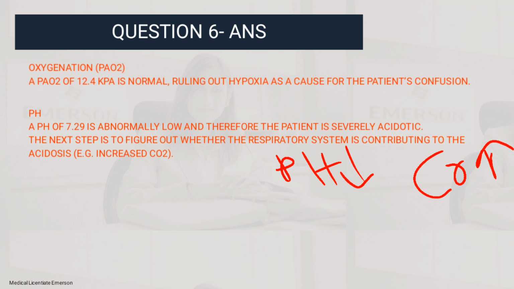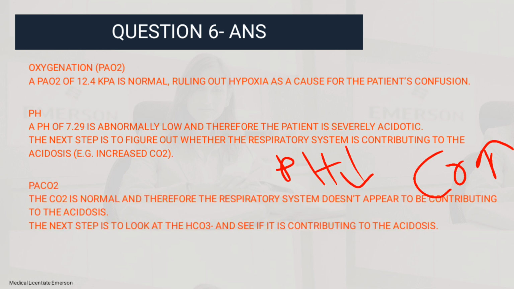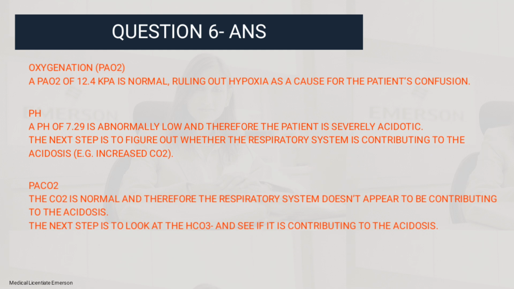Okay, so the partial pressure of carbon dioxide in this case is normal, and therefore the respiratory system does not appear to be contributing to the acidosis. So the next step is to look at the bicarbonate and see if it is contributing to the acidosis. Okay.